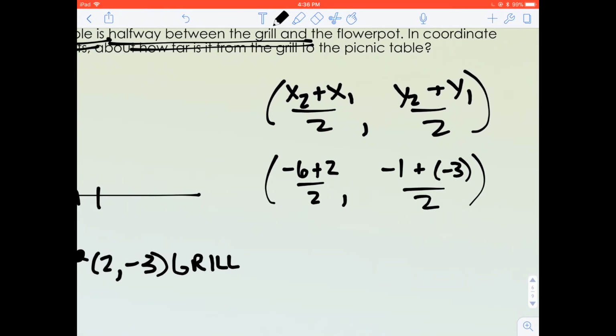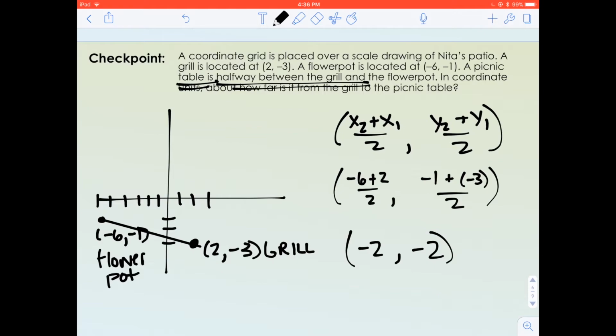That's going to give us -6 plus 2 is -4, so we have -2, comma, and -4 divided by 2, -2 again. That actually looks about right if we look at our rough sketch to the left there. So our table is located at -2, -2. If we would have used the distance formula, it would have only given us the distance. It wouldn't have given us the exact point.